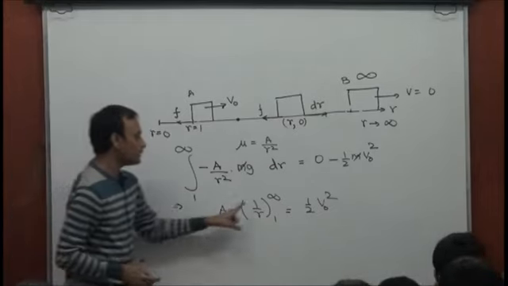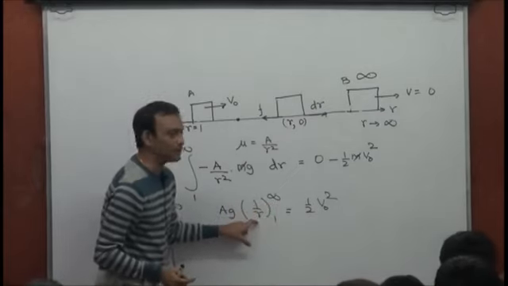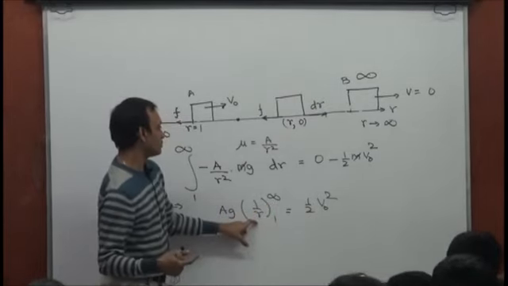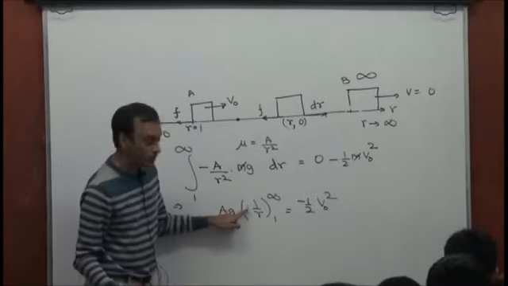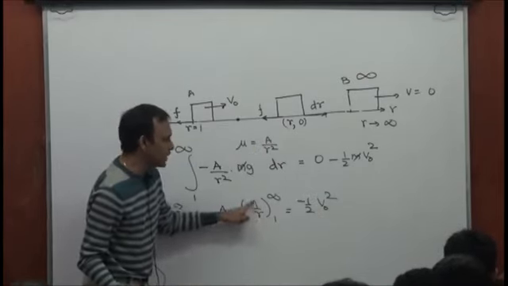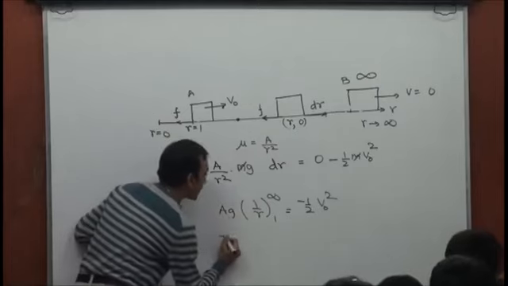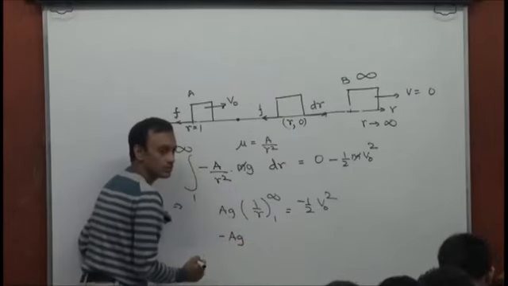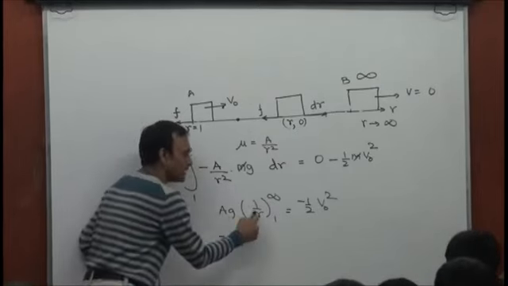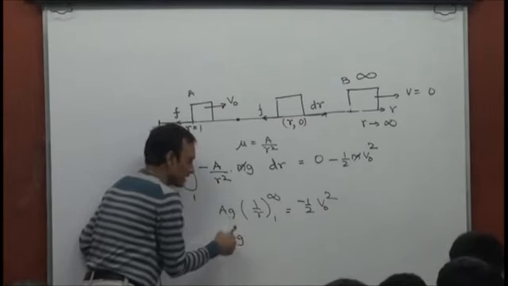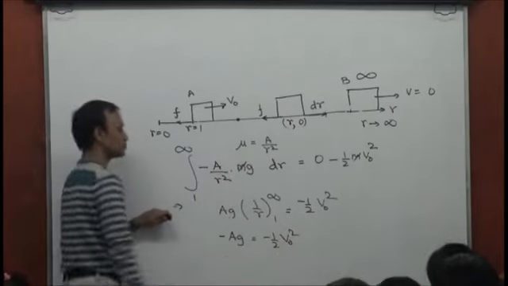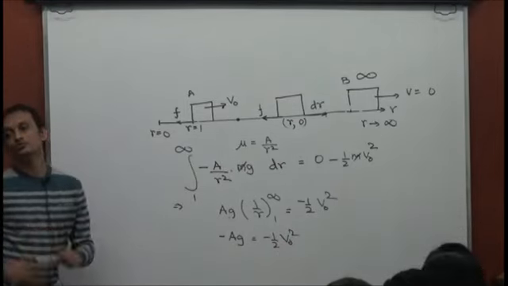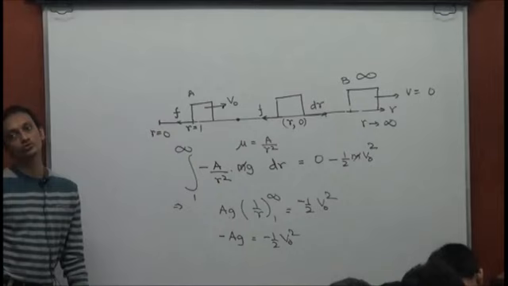And 1 by r, at r equal to infinity, is 0, and at r equal to 1, it becomes 1. So this becomes minus ag times (1 by infinity minus 1), so minus 1, and that must equal half v naught square. So v naught would be root 2ag.